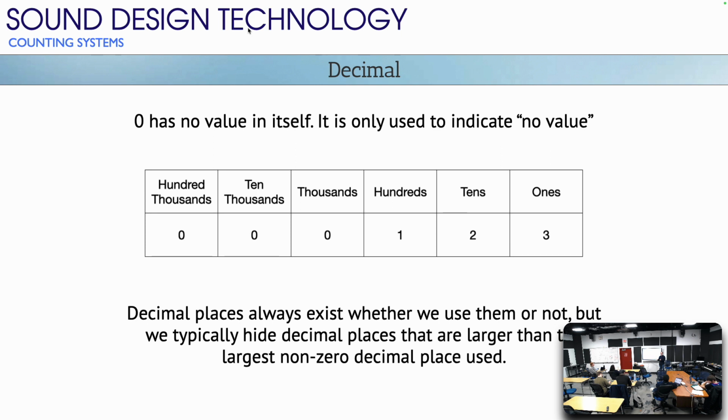It takes the same amount of space on your computer to store both numbers. Okay? Because the computer has to store those empty slots anyway, even if you're not using them.